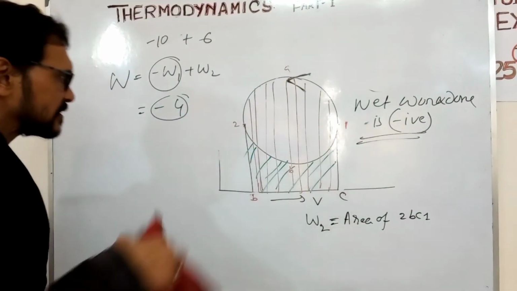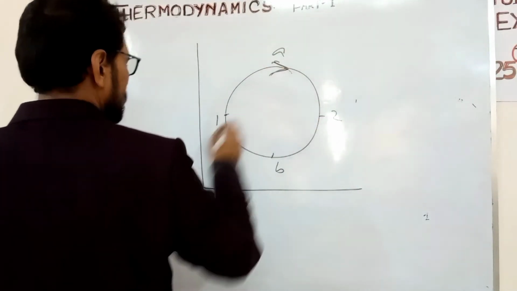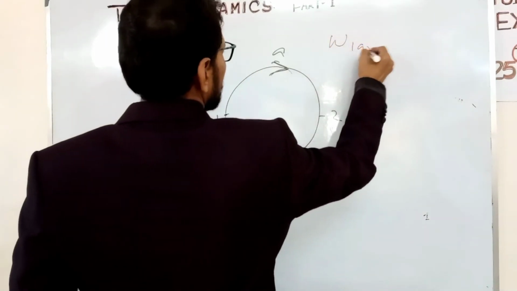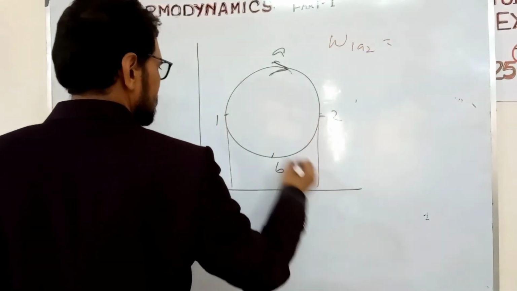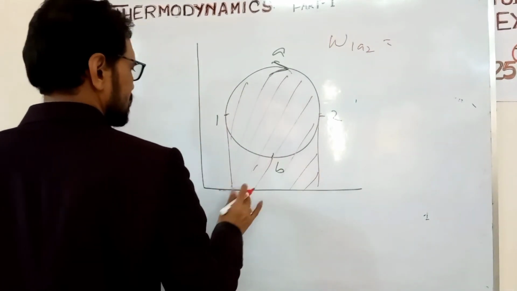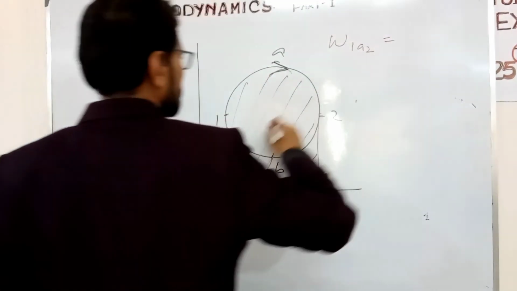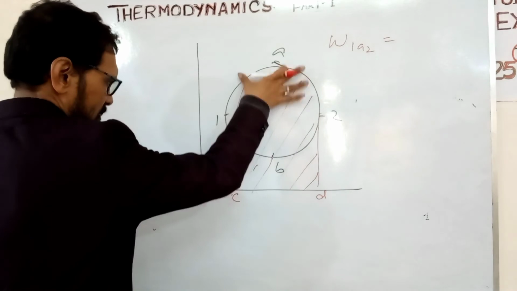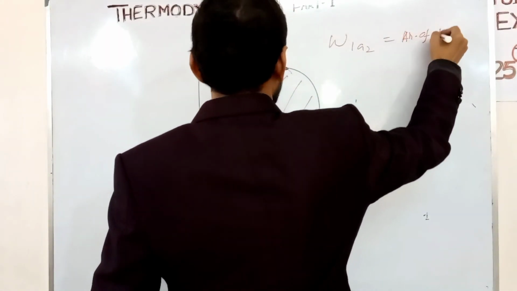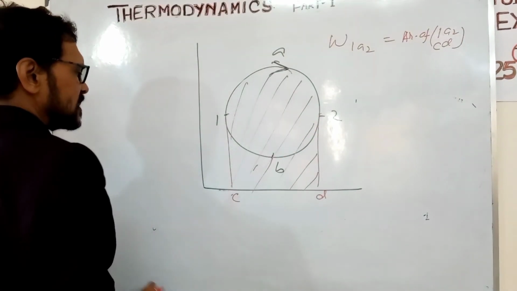Now for the cyclic process A to B. During the 1A2 process, the work done is positive because the volume increases. This is the area of 1A2CD, and this area is more than this area.